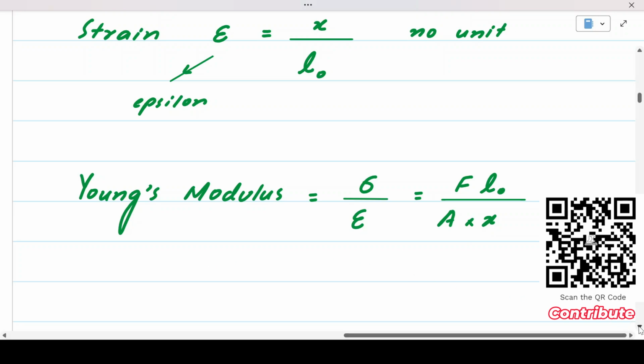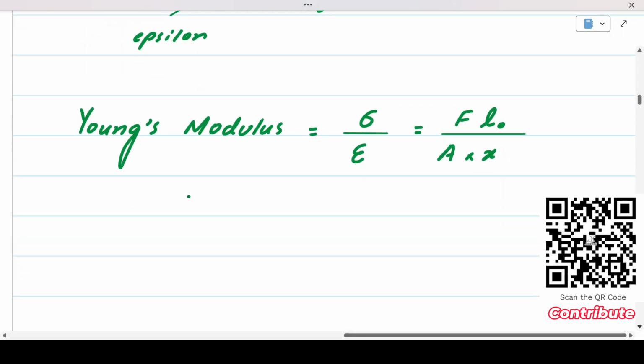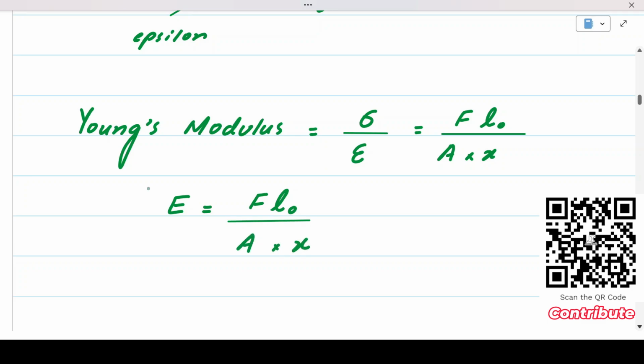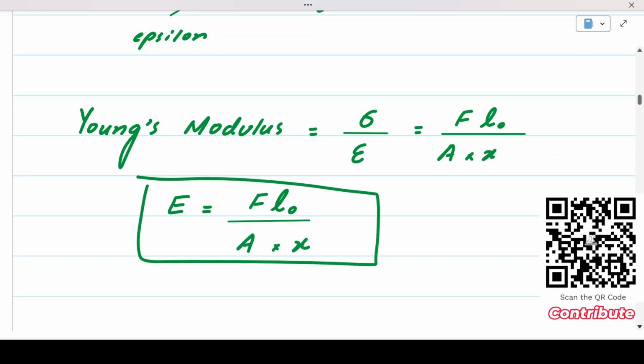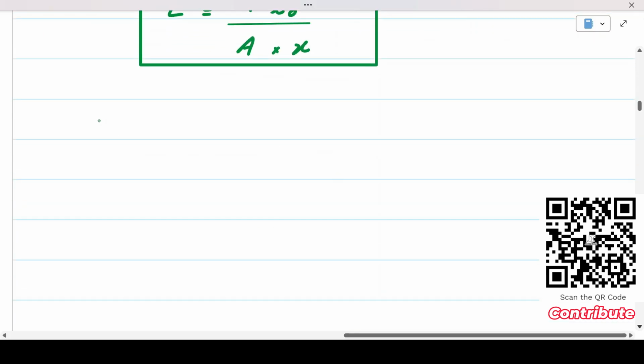Young modulus is represented by the symbol capital E, and that equals F L naught over A times X. So this is the expression for Young modulus.